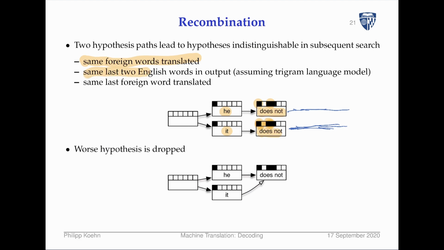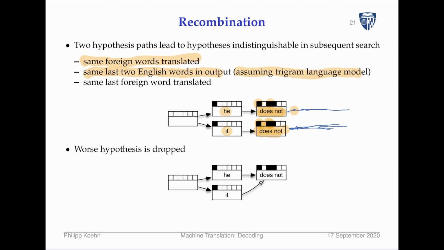Also, the same 2 English words must be at the end of the output, does not. This is assuming a trigram language model. So the language model still looks at the last English words that were produced, and the score that I'm adding here is still impacted by the last 2 English words.